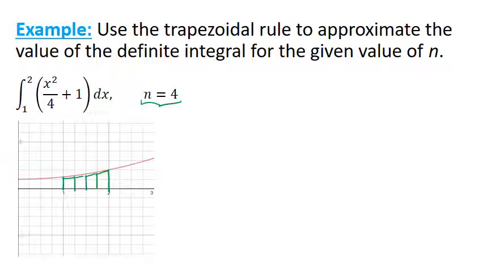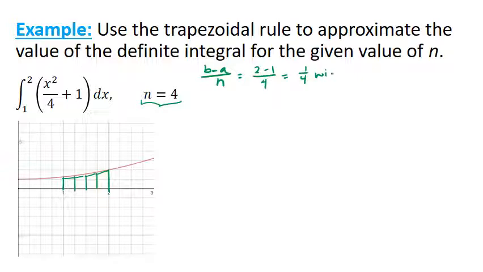Now, it's helpful to find the width of each of those trapezoids. The width of the trapezoids will end up being a 4th. You can find that by taking b minus a over n. b minus a is the interval, so 2 minus 1 over 4 gives us 1/4.